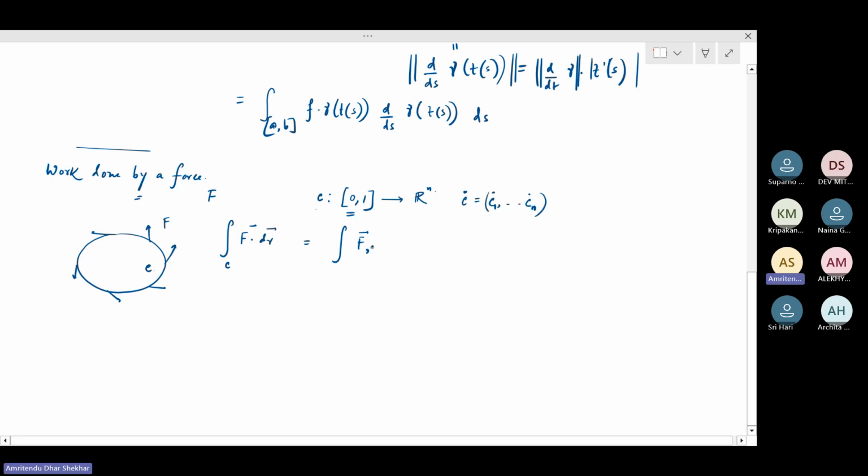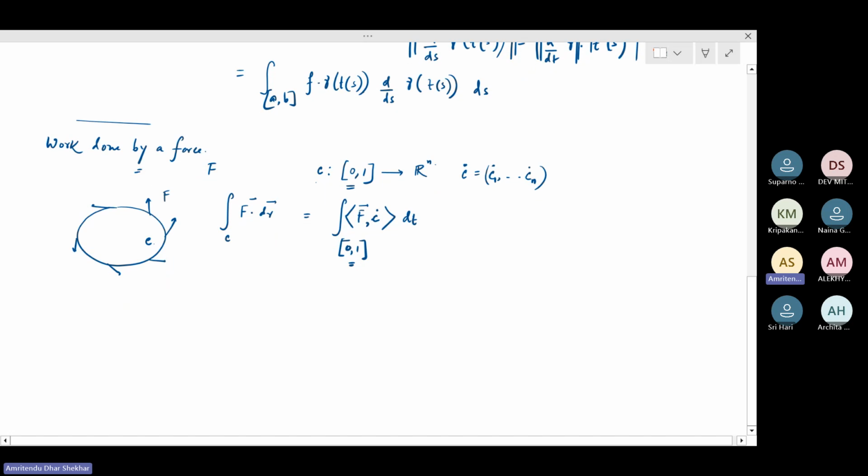So this is F comma C dot, then you take the inner product dt, and this integral is over 0 to 1. 0 to 1 is how you parameterize the curve. Now, of course, the question is: is this independent of the choice of the parameterization of the curve? Had I parameterized the curve in a different way, would I get a different answer?